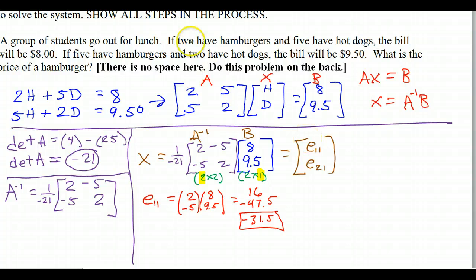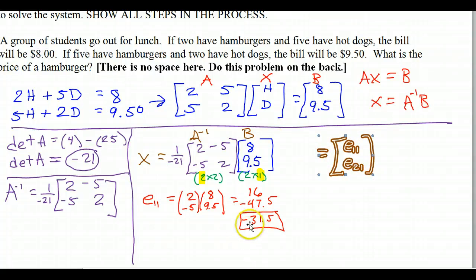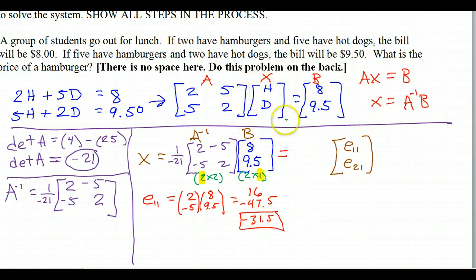Wait, I lied a minute ago. Not on purpose, silly. I lied when I said once we found these elements, those would be the answers. Because negative $31.50 doesn't make any sense, since you can't have a negative price. And even if it was positive, that would be way too expensive for a hamburger.